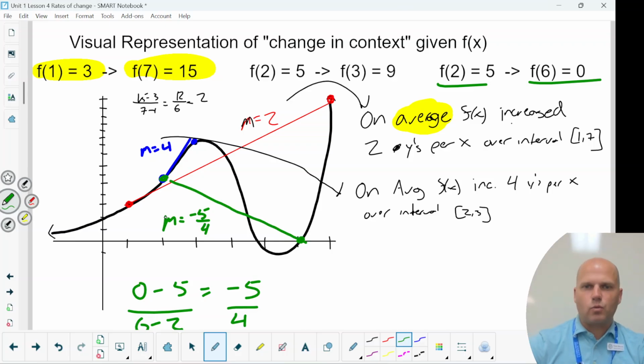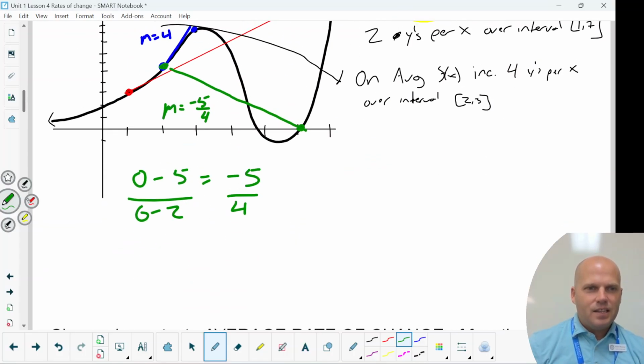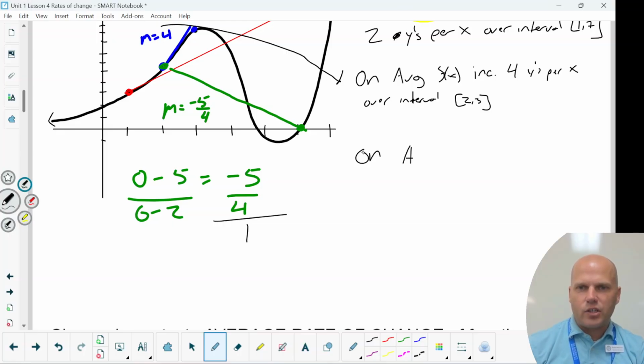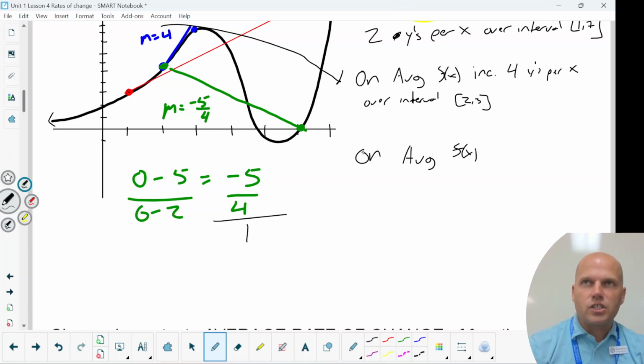Cool. Now, a lot of us want to write a statement. On average, my function decreases 5 y's per 4 x's. But I don't actually like that statement because I like it to be comparable with the other rates of change that I found. So what I'm going to say is that this is 5/4 over 1. Or I'm going to write the statement, on average, the function, do you think it increases or decreases?